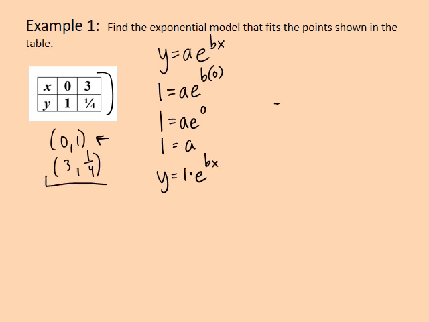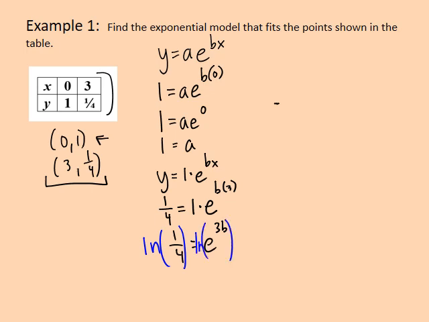Now we're going to use our second point to figure out what b is. So 1/4 equals 1 times e to the b times 3. To solve this equation, we need to isolate the b. Since we have an exponential with e, we're going to take the natural log of both sides.